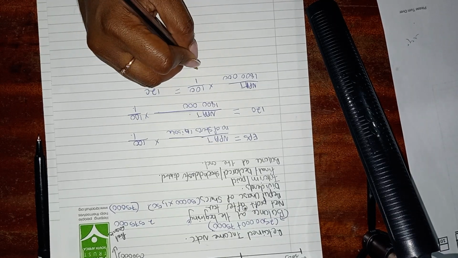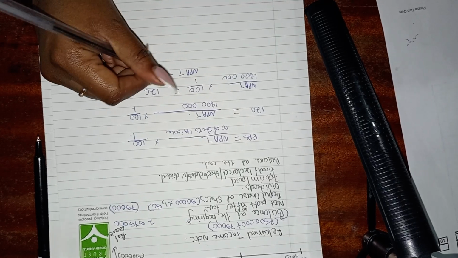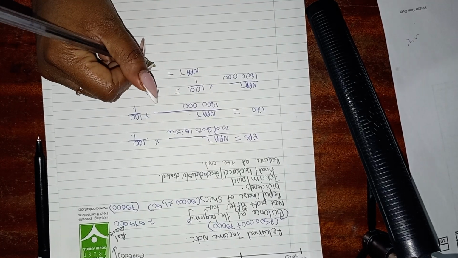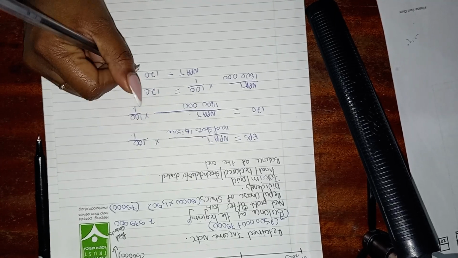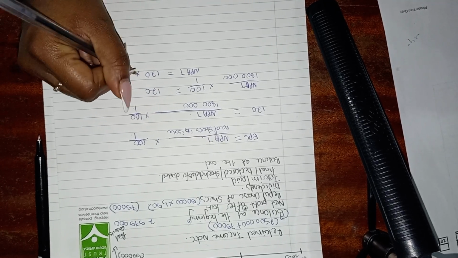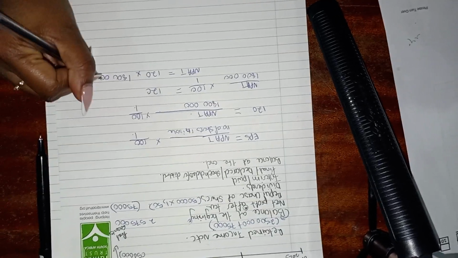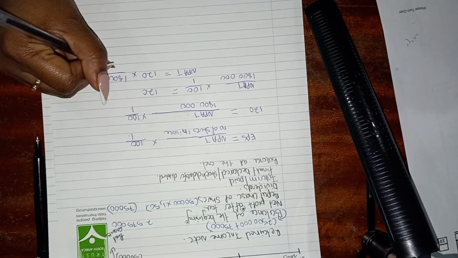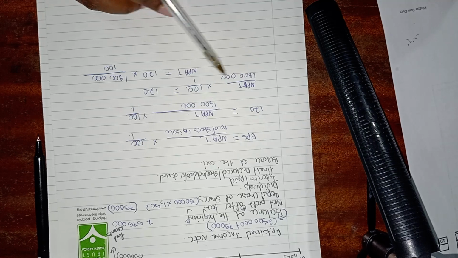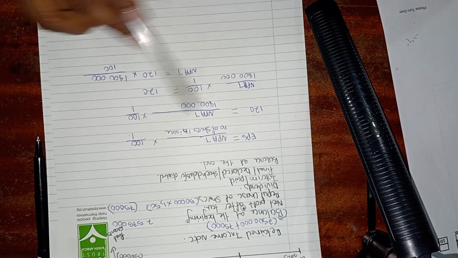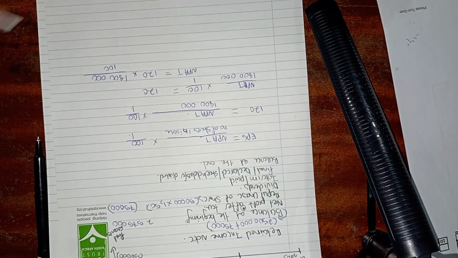Then the net profit after tax, I'm going to say 120 times 1,800,000 over 100. So basically what I'm doing is just whenever you have a fraction, you're just going to flip it over when it goes to the other side, or you are going to invert the fraction.